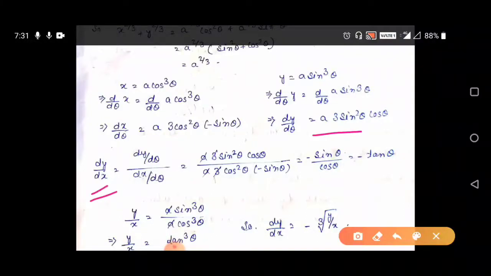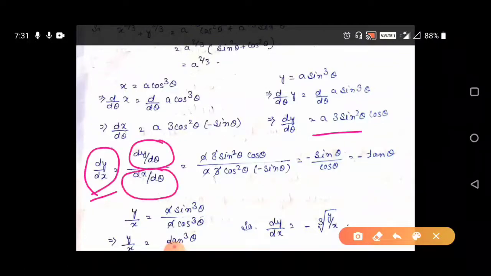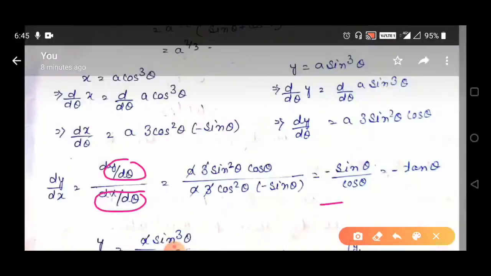So to find dy by dx, we will divide dy by d theta by dx by d theta. So a 3 sin square theta cos theta by a 3 cos square theta within bracket minus sin theta. So from here we will get minus sin theta by cos theta. From here we will get minus tan theta.